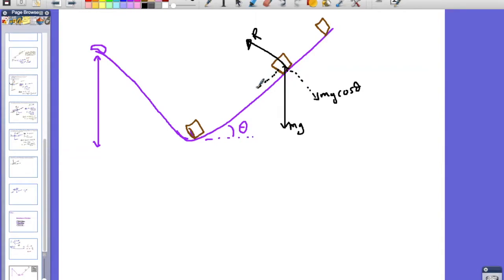And then you have mg sin theta here, and this object is moving up, so you assume the acceleration to be parallel to the slope and upwards, a. And now you know that when you resolve perpendicular, you get R equals mg cos theta.